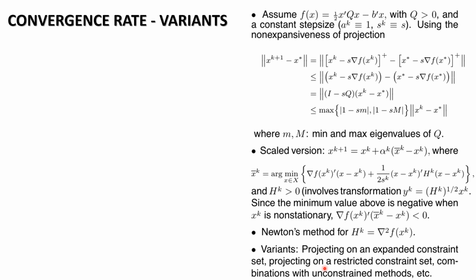Other variants and extensions include projection on an expanded constraint set, which sometimes loosens constraints to allow larger steps, restricted projection, which projects only certain coordinates or subsets, and hybrid methods which combine projections with unconstrained subproblem solves, penalty, barrier techniques, and so on.